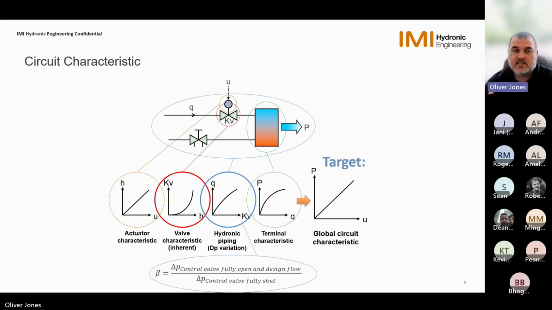So where do we get this overall circuit characteristic from? Our terminal characteristic, or our thermal efficiency of our terminal unit, say our fan coil, for instance, will have a specific thermal efficiency and a characteristic that relates to that thermal efficiency.